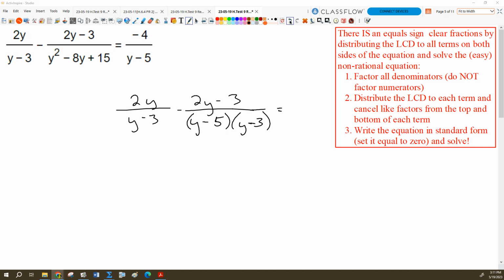Equals negative 4 over y minus 5. Okay, good. Now what? Okay, what is my common denominator? y minus 5 times y minus 3. All right, so that's what we're going to distribute through the entire equation.